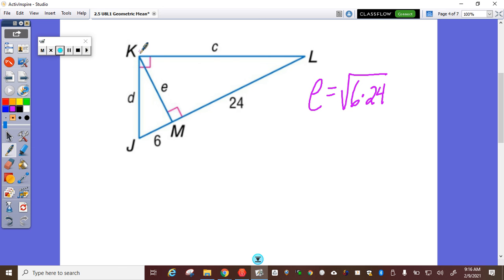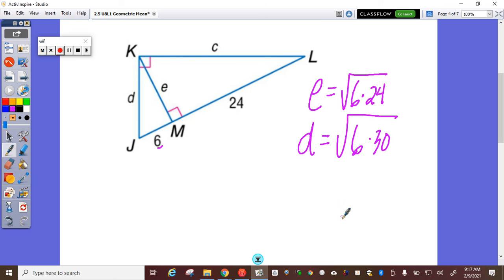Now, if I come over to D, D is going to be the geometric mean. See this small triangle right here? 6 belongs to that small triangle. So 6 and D belongs to this larger triangle. So this 6 and this whole side here, 30.